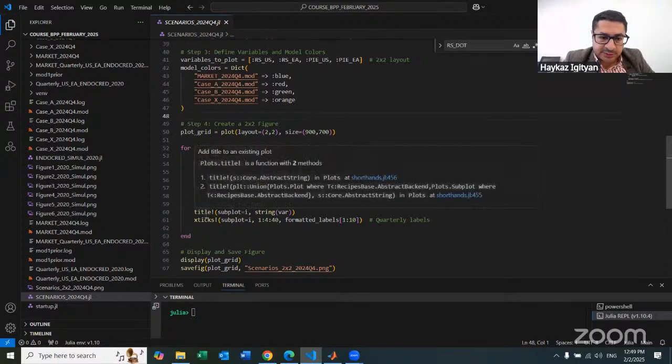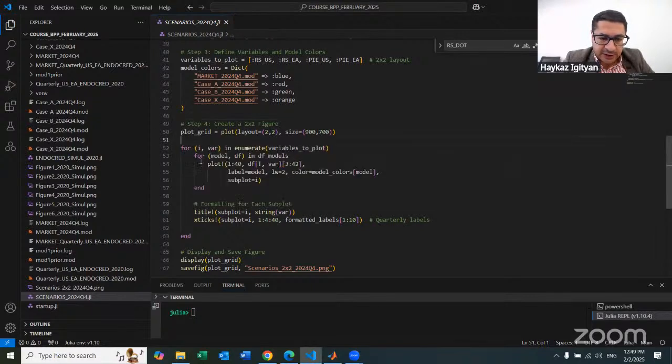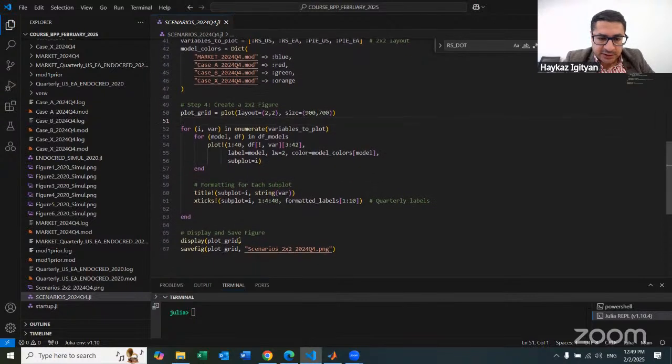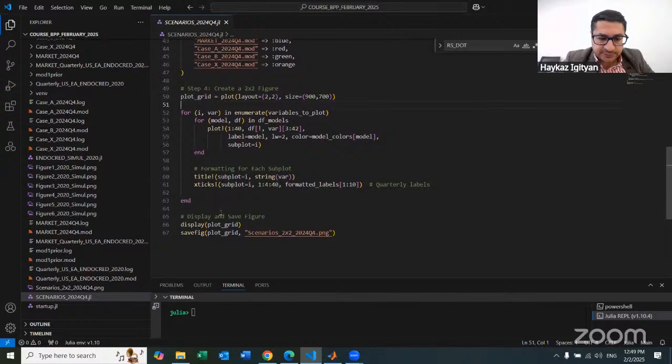Again, similar to the previous case, we are running the loop and plotting all these variables and saving in scenarios 2x2 2024 PNG.